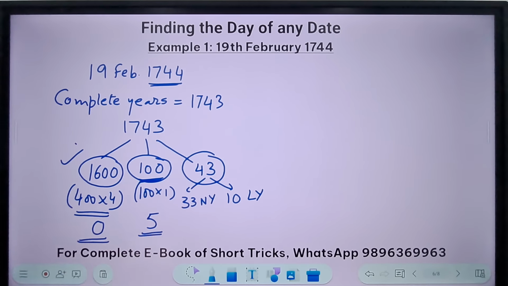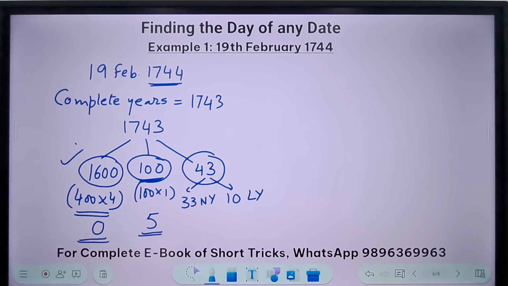So now let's talk about the incomplete year. Now in the incomplete year, we have 19 days of February, and January is already done, so January will have 31 days. So in January there are 31 days and in February only 19 days here. So we have to check how many odd days are there in these 2 months.